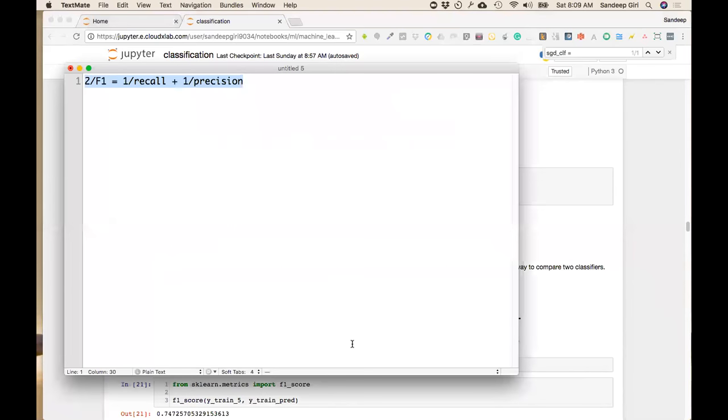Let me ask you this. In this formula, which one is true?